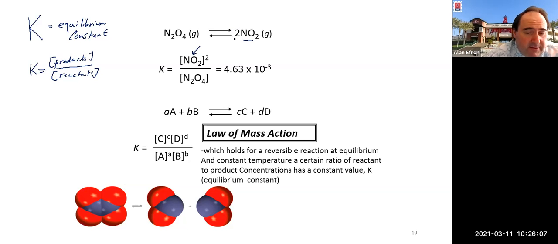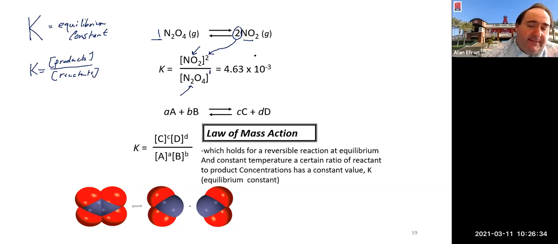Here we use the coefficient in the balanced equation as the exponent. That's where the 2, or the squared, comes from. Here the exponent is 1, and that would be our reactants. You don't need to write the 1, but it is basically to the first power. Equals, in this case, 4.63 times 10 to the minus 3. That number is not important, but it's a value for an equilibrium constant.